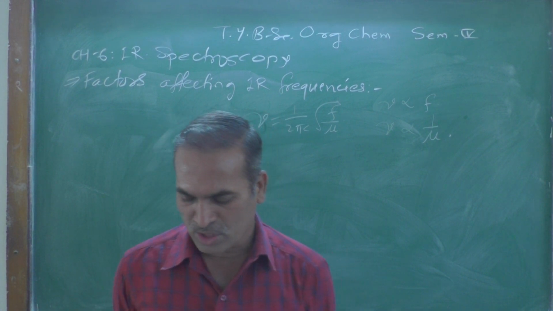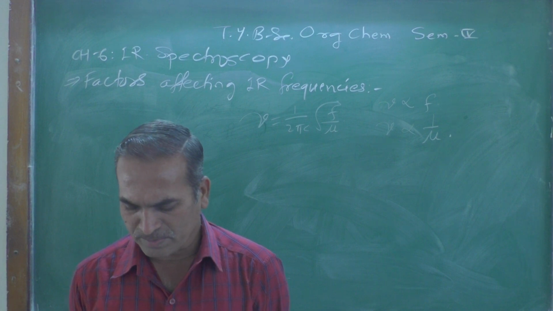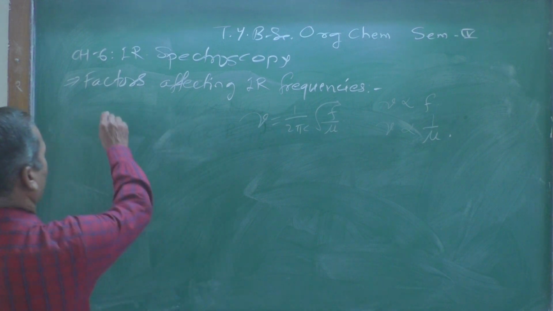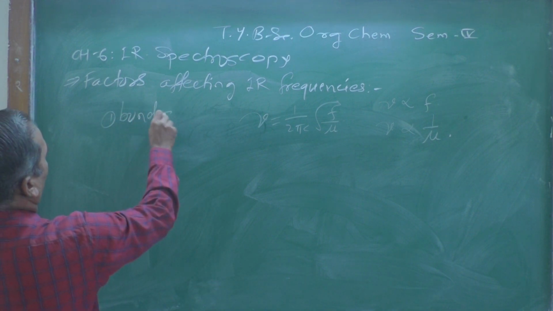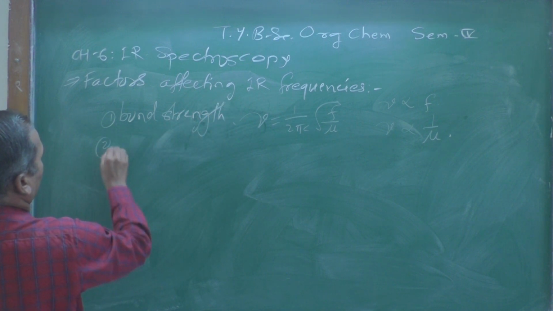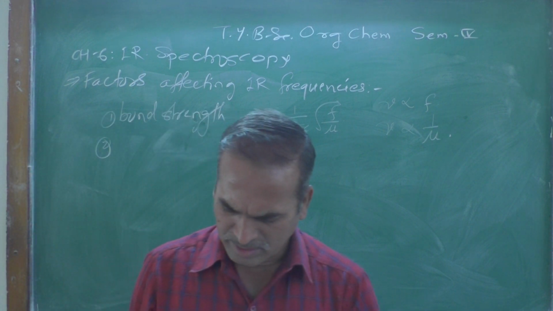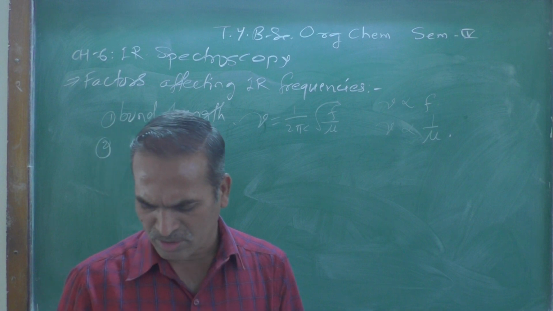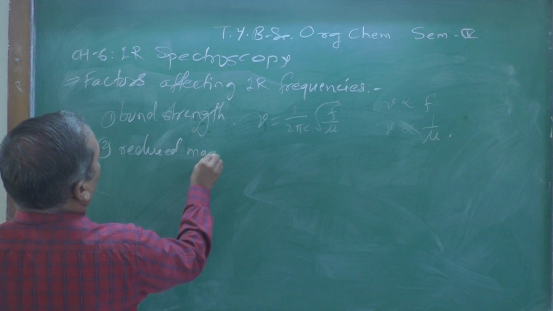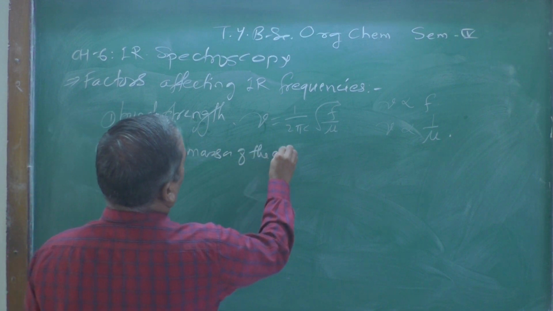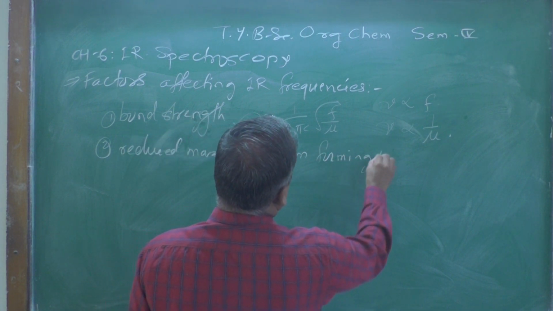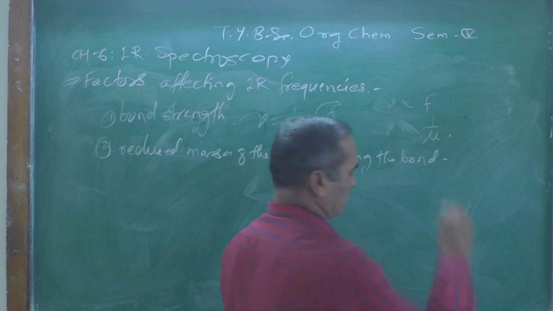Now according to Hooke's law, the stretching frequency of a chemical bond depends upon, number one, bond strength, and second, the reduced mass of the atoms forming the bond.